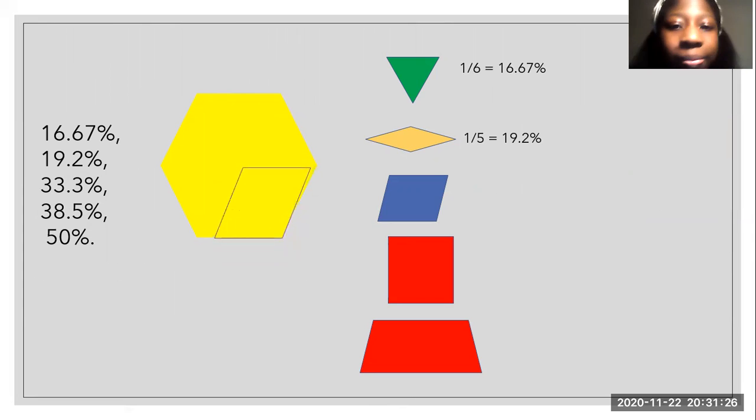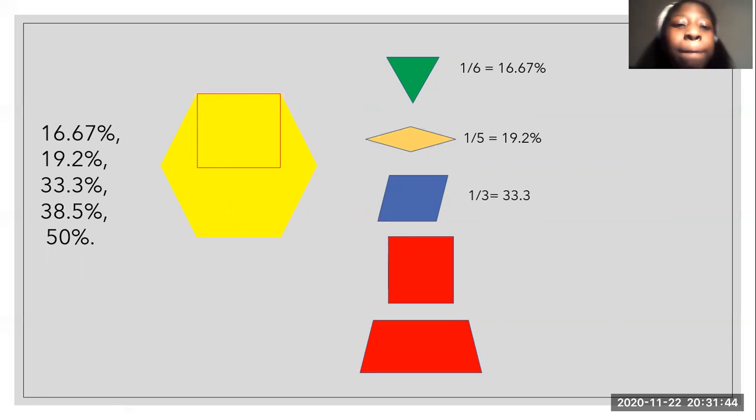Now we have our rhombus. Our rhombus will be able to fit in here 3 times. So it'll be 1 divided by 3, which is 33.3. Now our square is a little tricky because it'll only fit a decimal number of times.